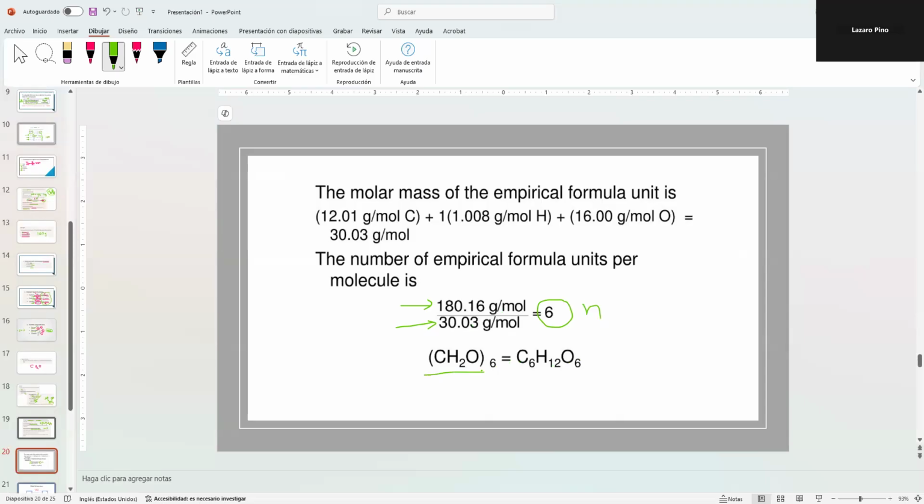Then you get the empirical formula and you multiply it by 6. Then the molecular formula will have this composition. Stop the video and listen to my explanation several times until you get the idea, and try to do it by yourself.